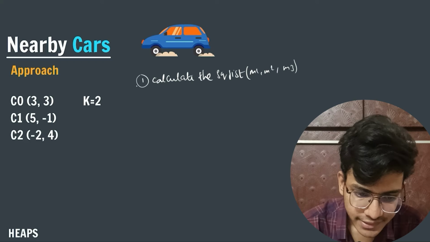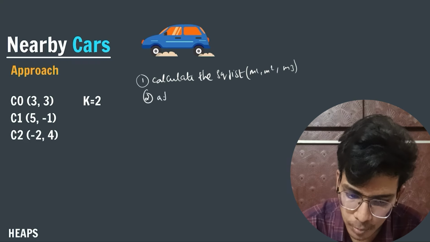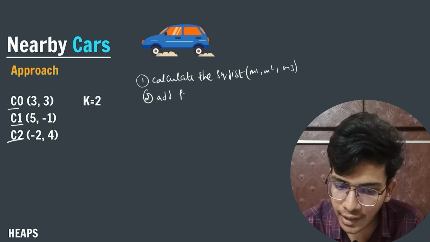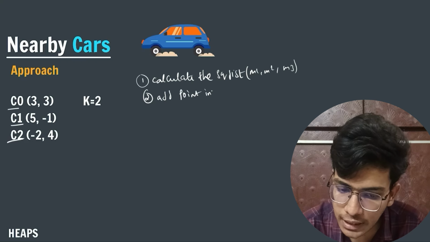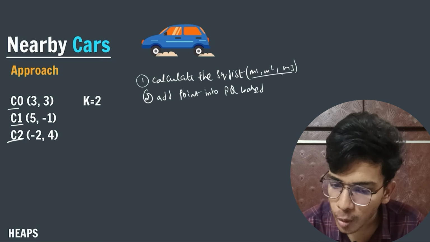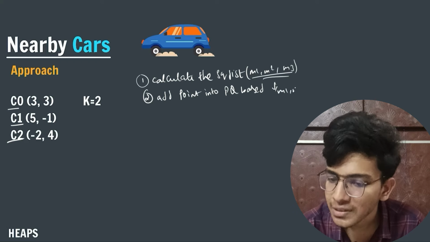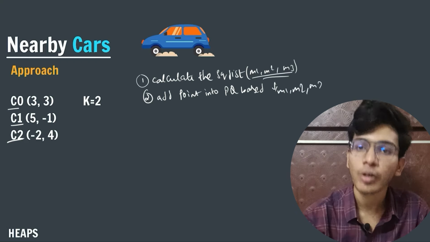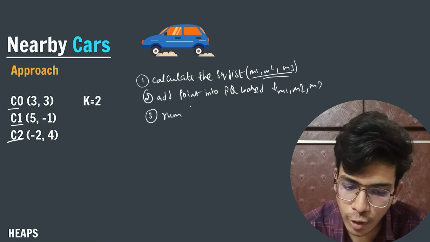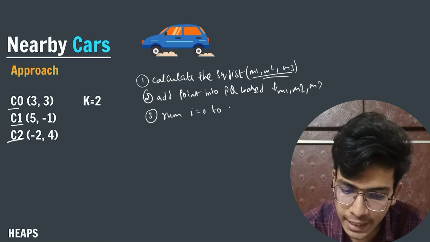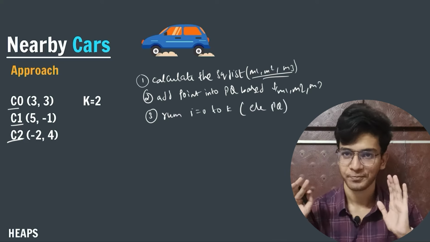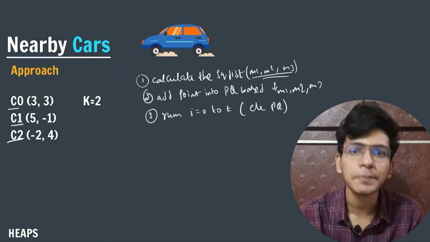Second, I will add those points, that particular C0, C1, C2 points, into my priority queue, where the priority is based on m1, m2, m3, and whichever is least, that point will go in first in my queue. Third, I will run a loop from i equals 0 to k, and whatever elements are present in my priority queue, I will print them. Like this, it is a very simple approach.